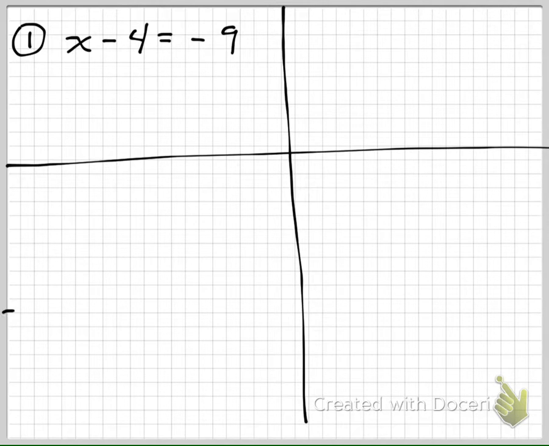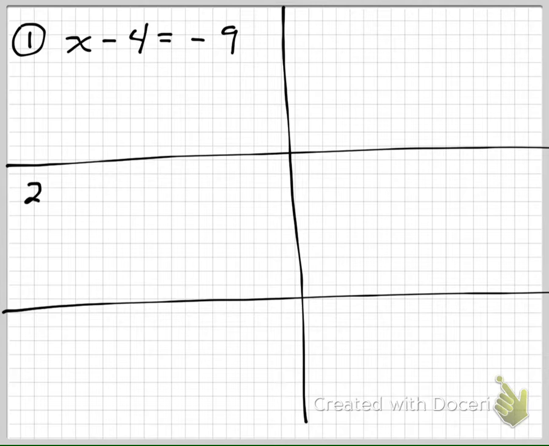Here's your quiz. These are all equations. You're going to solve these equations.